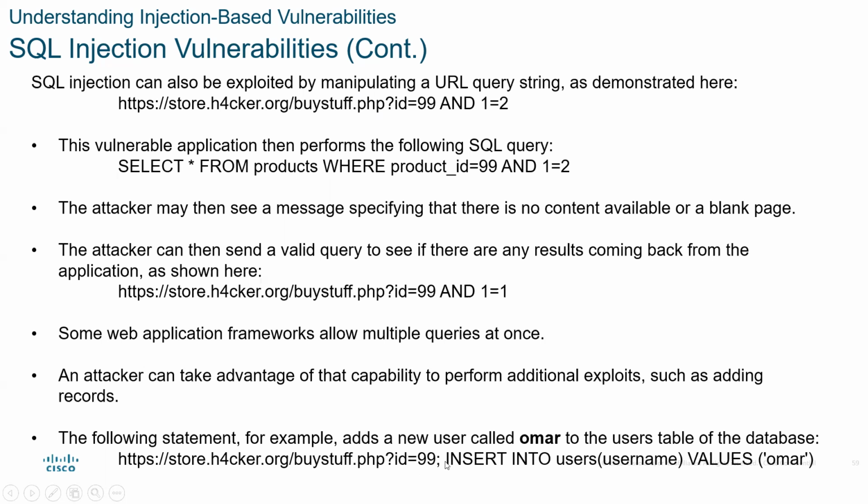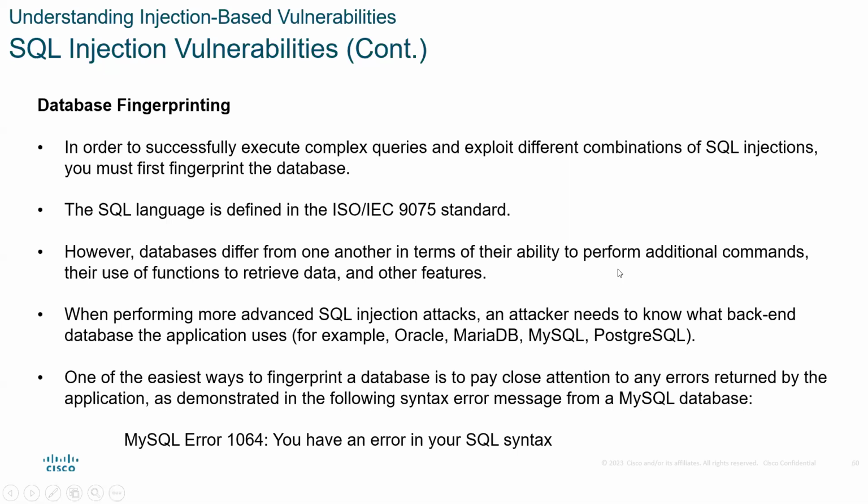There is an insert into, which is what the person who drafted the script has added. It's going to be inserting into users, a username, and the value that you should insert into that place is Omar. So now I've added a username, which means that I can actually query the database to provide my Omar.